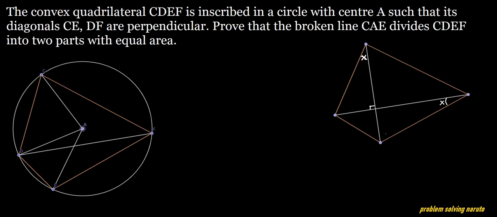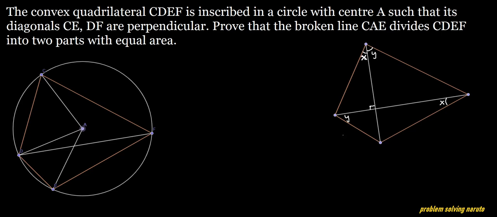Let's just leave it as 90 minus x. Let's call this y, and then this will also be y, and you don't have to name the other angles, because this is 90 minus x, 90 minus y, 90 minus y. So always keep your variables minimum.